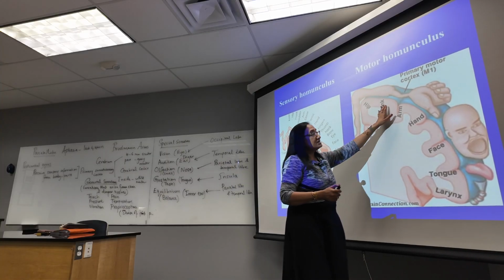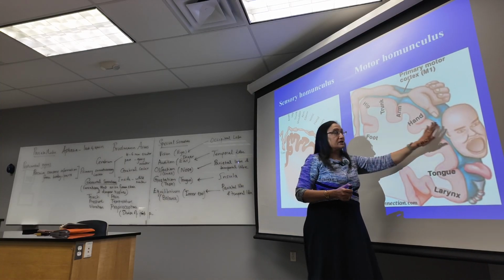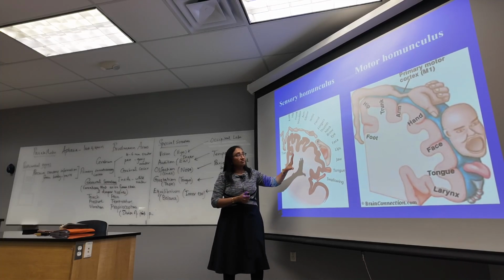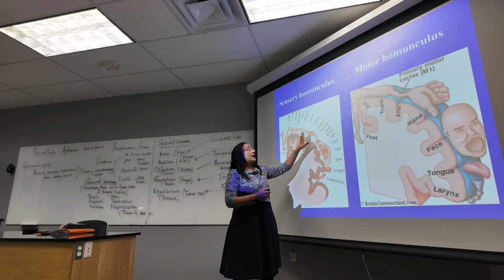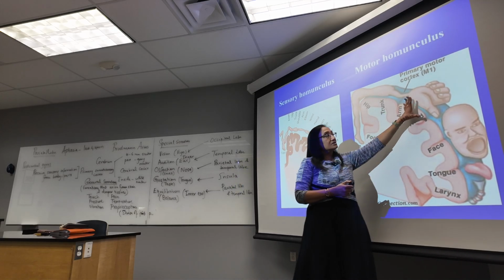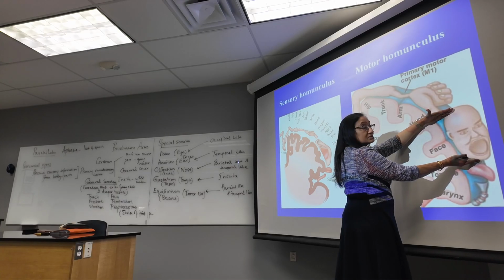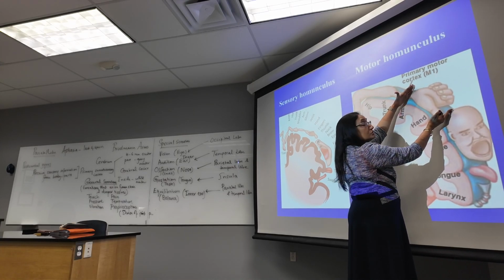The same is seen here as well. This is the motor cortex, this is the sensory cortex. Now, why do the face and the lips and the hands have so many neurons devoted to them?